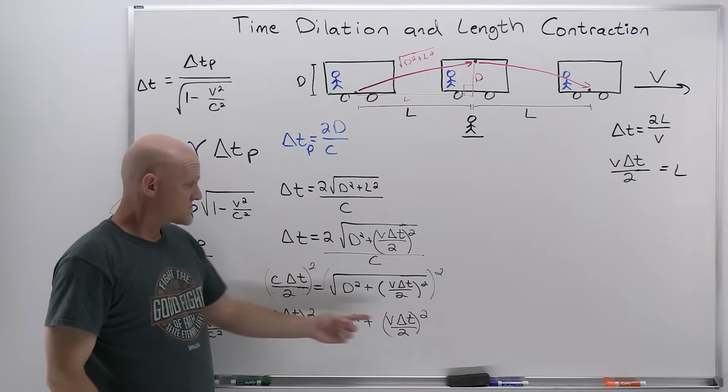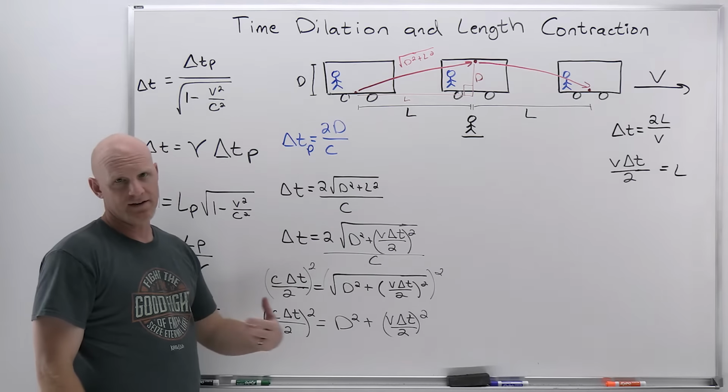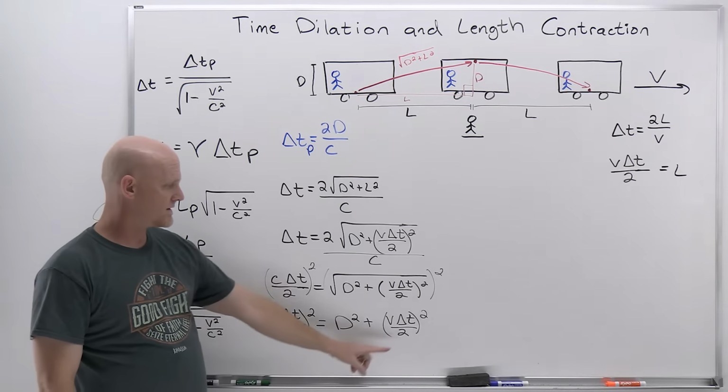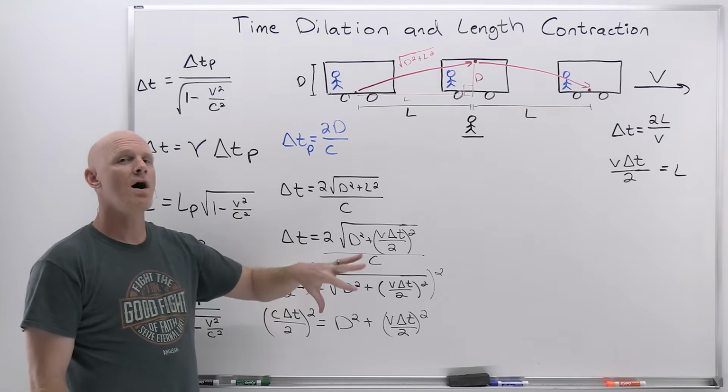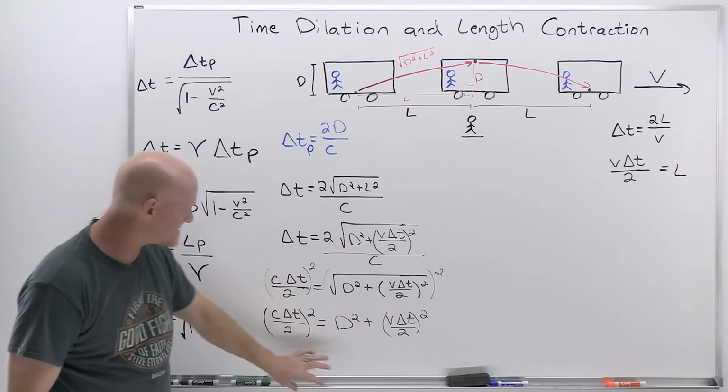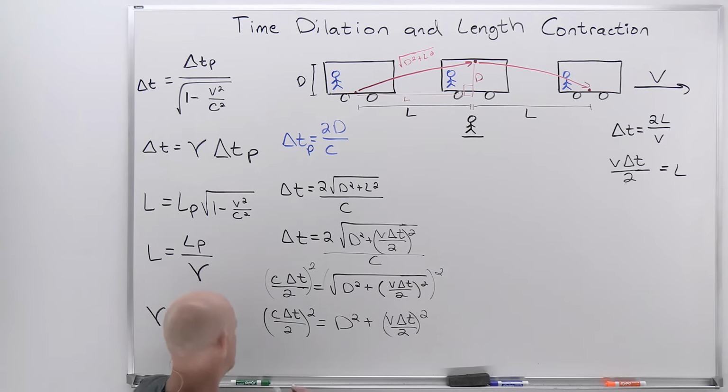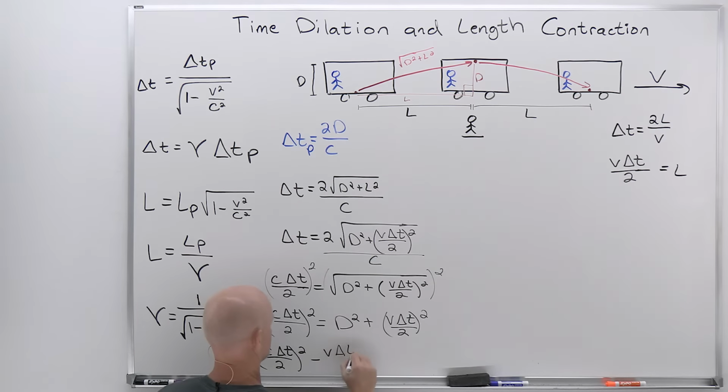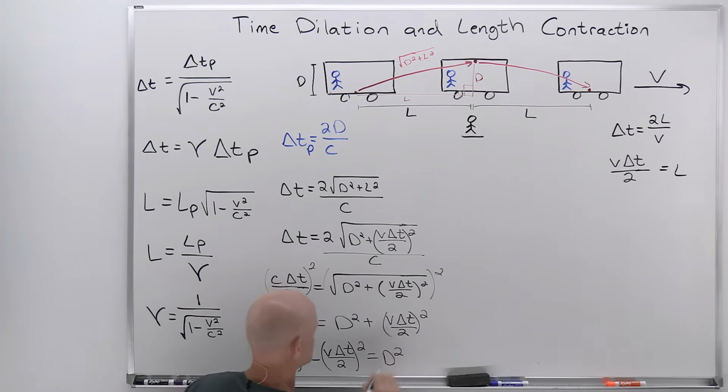From here, we want to go through and solve for delta T once again, get a new expression for delta T. And to do that, we've got to get all the terms that have delta T in them off to one side of the equation. So I'm going to subtract this term over to the other side, and we're going to end up with C delta T over 2 quantity squared minus V delta T over 2 quantity squared equals D squared.